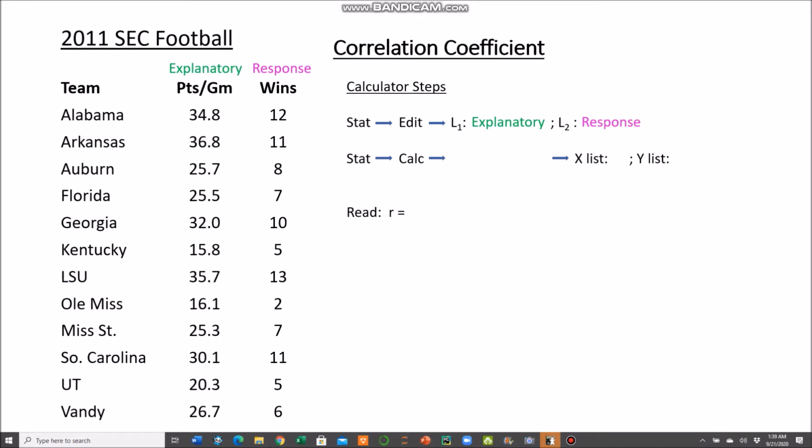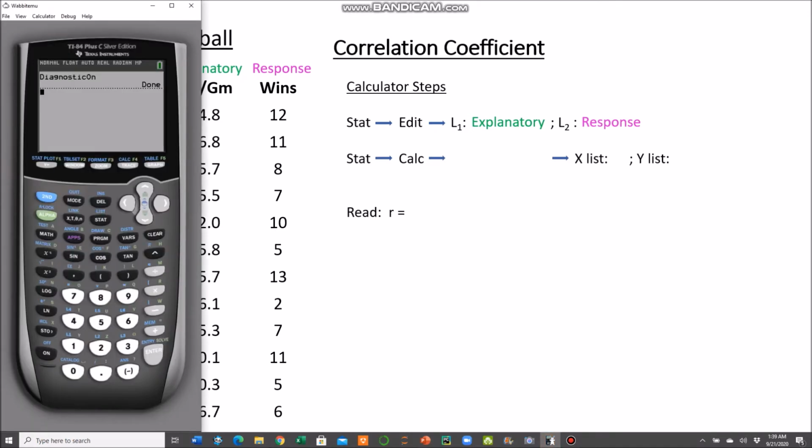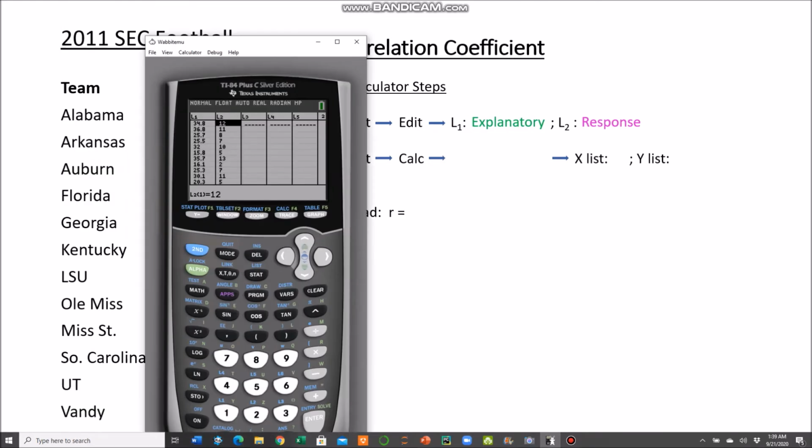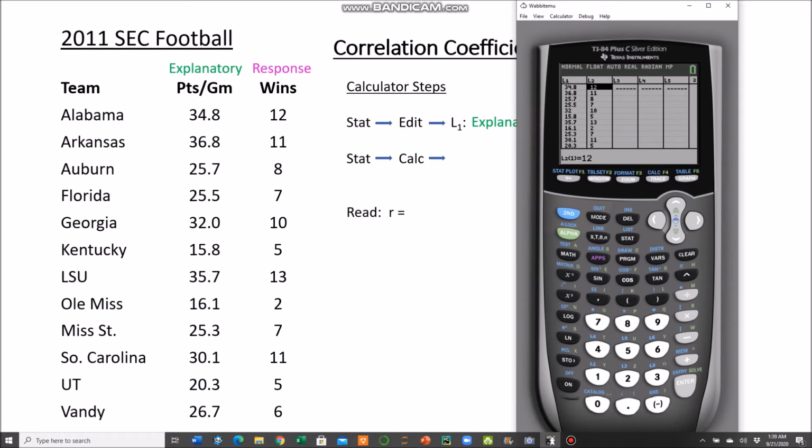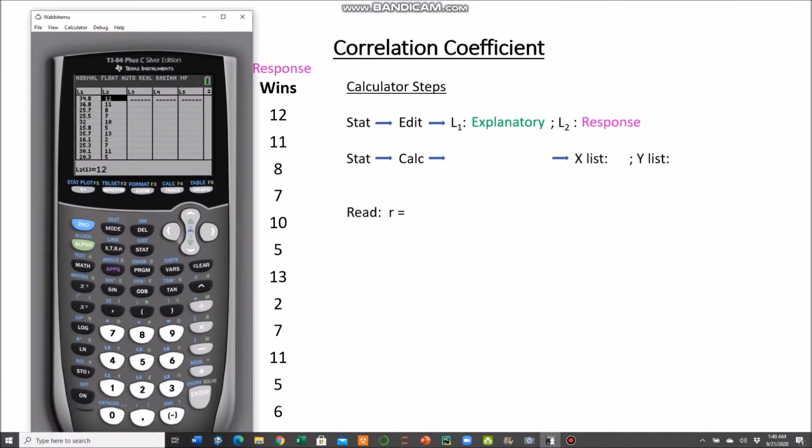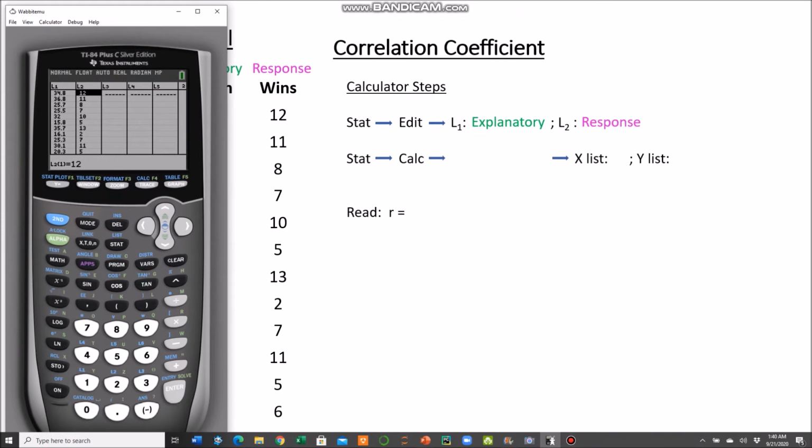I've already keyed these in, with L1 the points per game and L2 the wins, making sure I match up Alabama points and wins together, Auburn points and wins together, and so on. You can pause here and key that data in, but I'm going to move on to how we calculate.